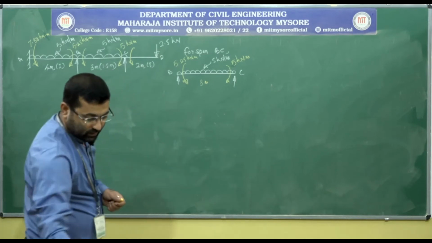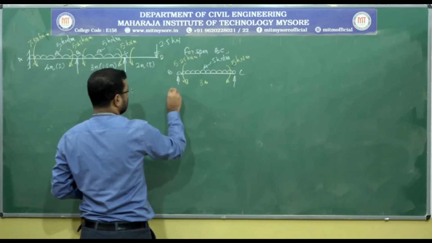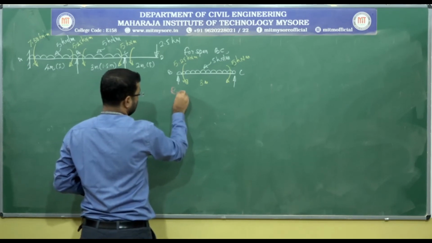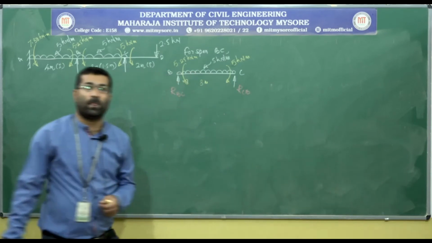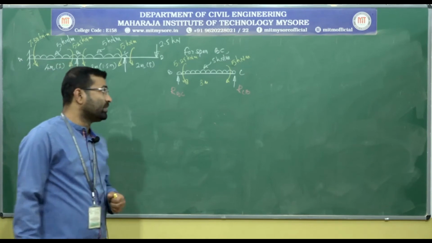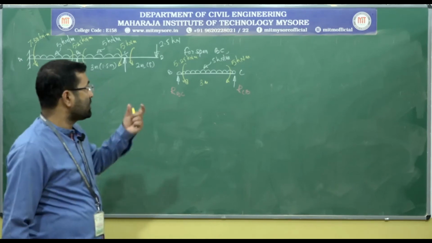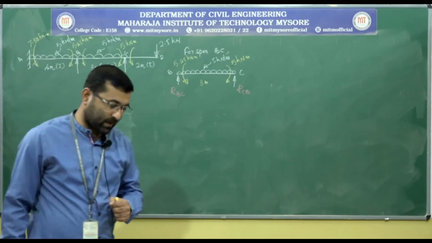Okay, so let me call this RBC and RCB. Here again I need to determine the values of RBC and RCB. Then also I need to determine the maximum positive bending moment in the span.